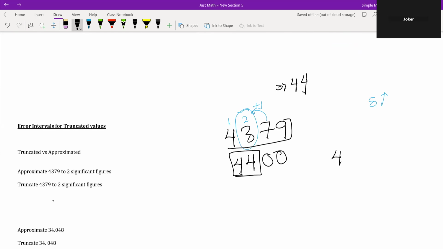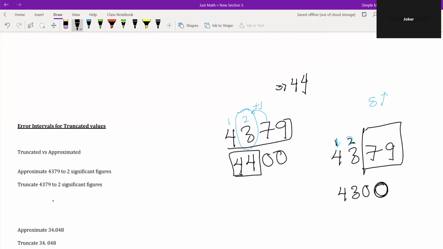So 4,379 truncated to two significant figures. One, two. So three is the second significant figure. When we truncate, we simply delete everything that's after the three. It just becomes zero. So we have 4,300.